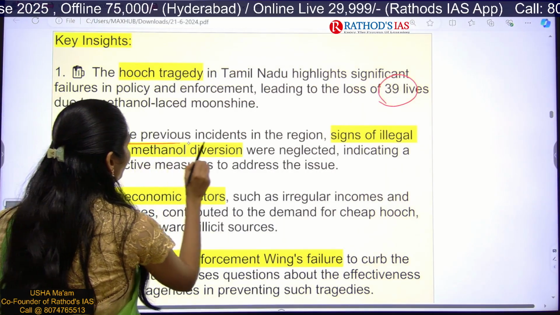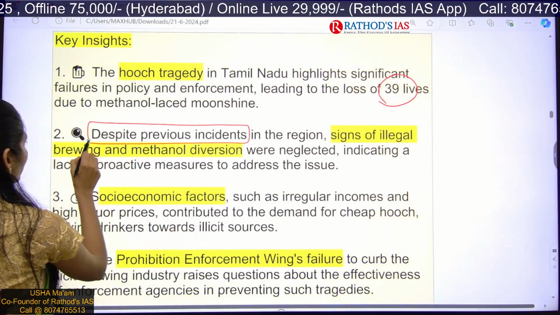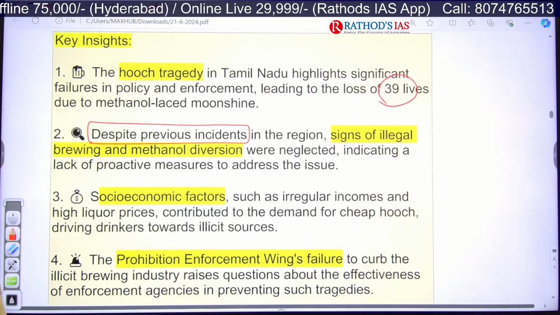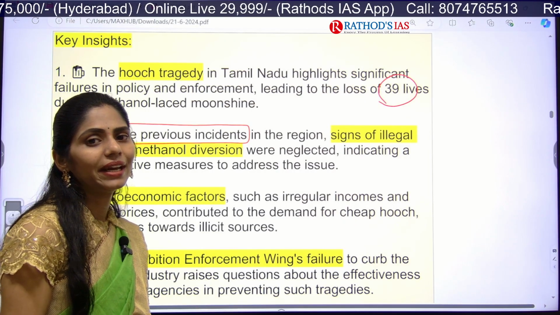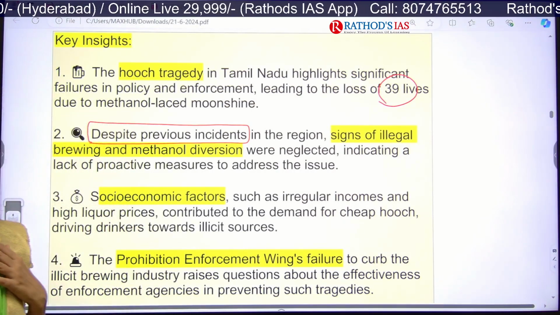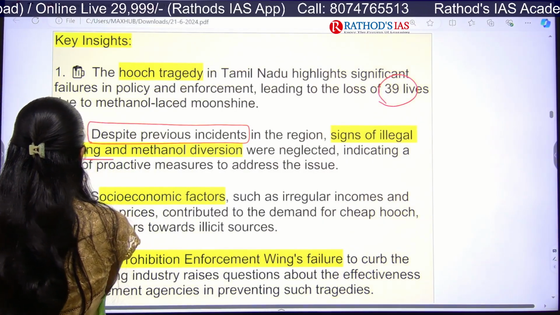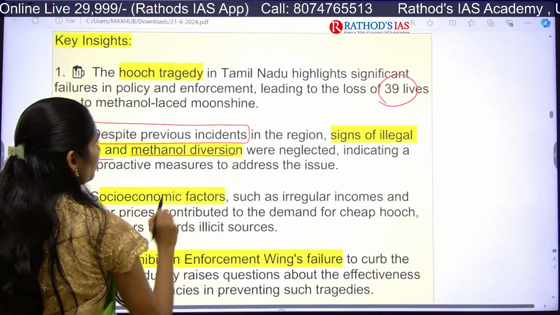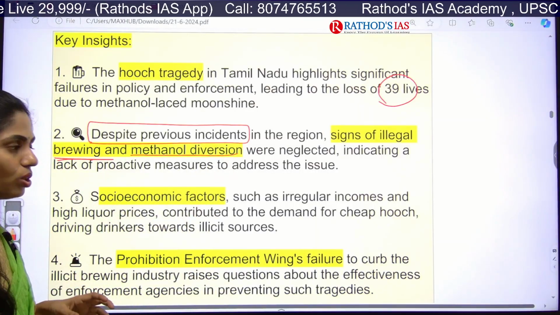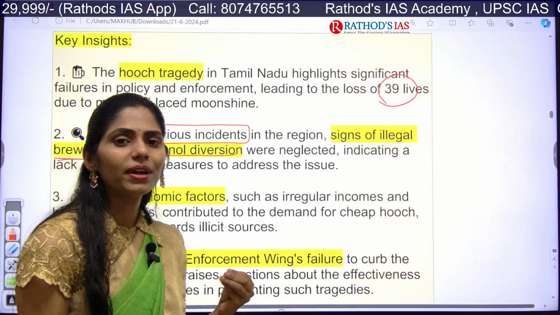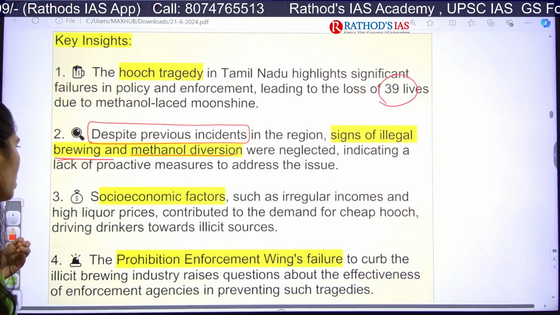Despite previous incidents, it is not the first time this type of incident has happened; many times earlier also, such incidents happened. The signs of illegal brewing and methanol diversion were neglected. So here we have to take proper measures to address this type of issue.